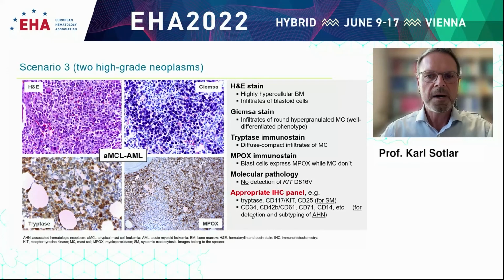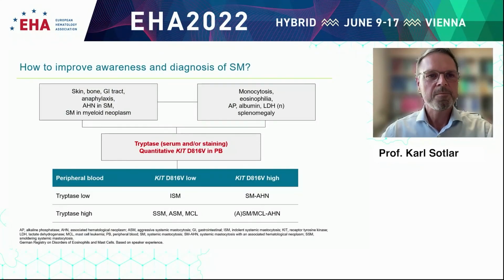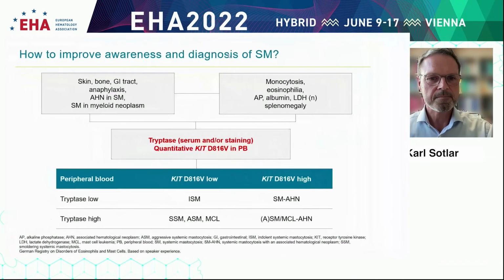And a panel of markers when an AHN, a myeloid neoplasm, is in question. This is CD34, CD42 or CD61 for megakaryocytes, CD71 for erythropoietic cells, CD14 for histiocytic cells, and you may add additional markers. So this is an important take-home message from the pathology. And with that, I would hand back to Professor Reiter.